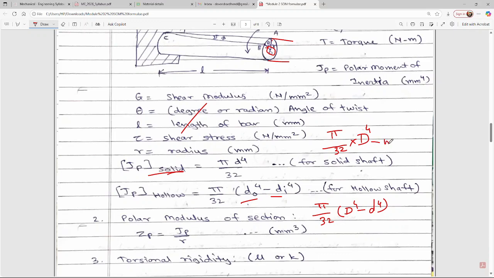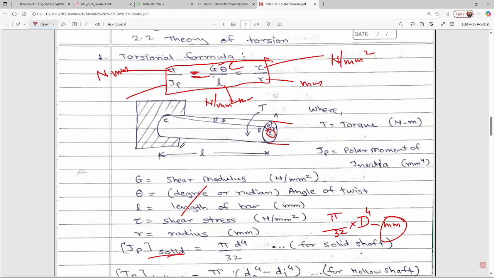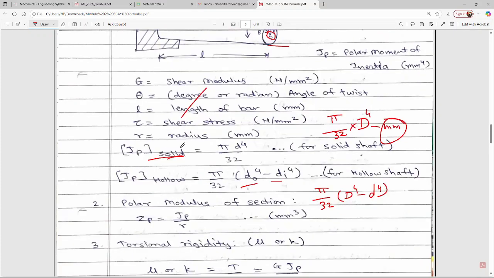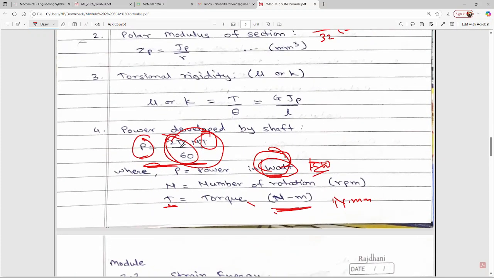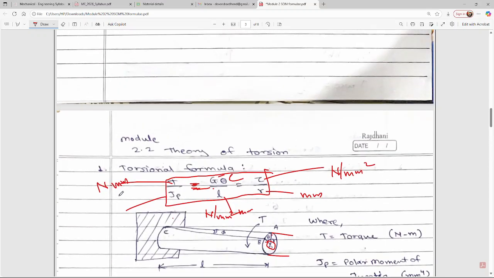D means diameter, and it has a unit of mm, right? All of us have taken mm units, so we need to convert that T into Newton mm. How can we convert it? Simply multiply by 10 raised to 3.